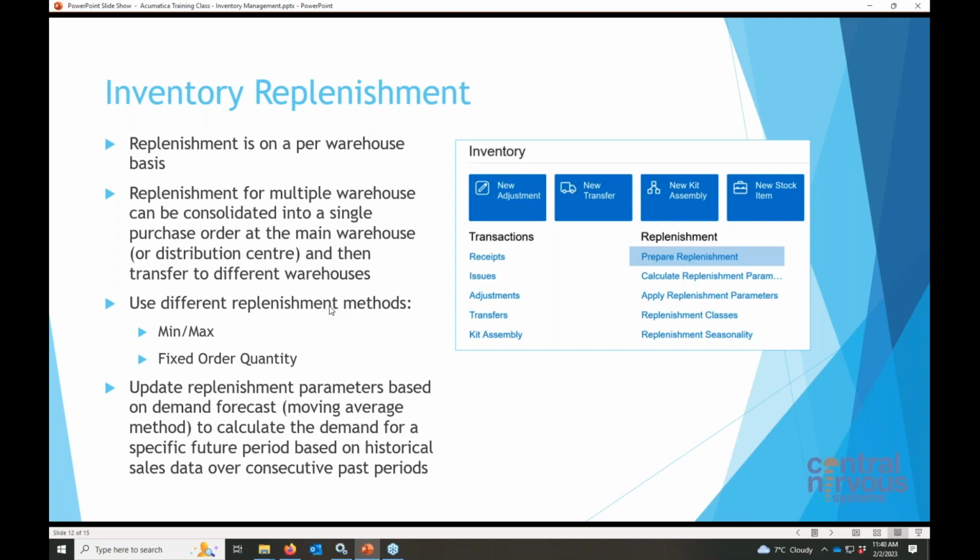And a minimum may be a good point that triggers the replenishment of inventory into that warehouse. A fixed order quantity is useful because with shipping costs and trucking costs, we want to make sure that we're sending an ideal quantity to ensure that those costs are kept at an optimal level.